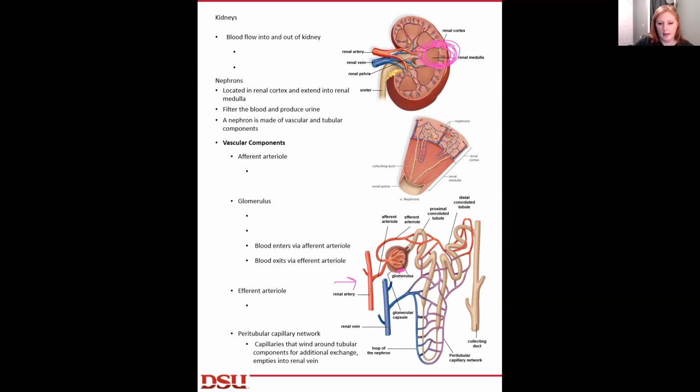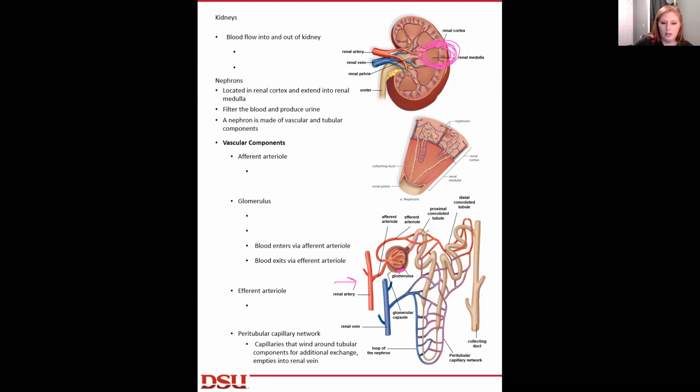Okay, then we have the blood going through our capillary network here, and through the tubular components, like our proximal convoluted tubule, we're dealing with what's going to become urine. All the stuff that the glomerulus filtered out is going to start moving through the rest of the nephron, where it's going to be made into urine.